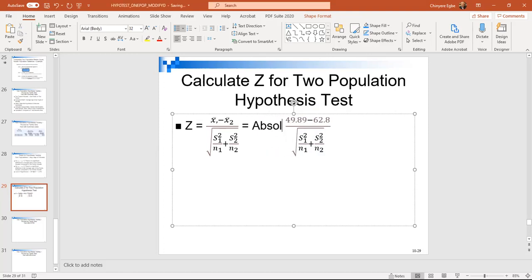So let's make that clear. Absolute value.